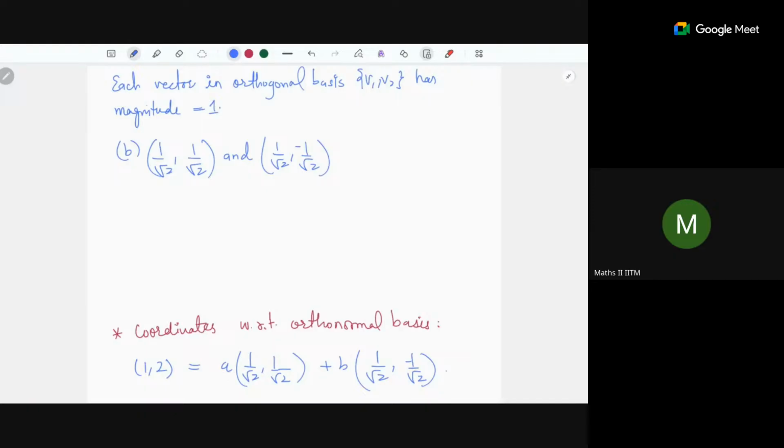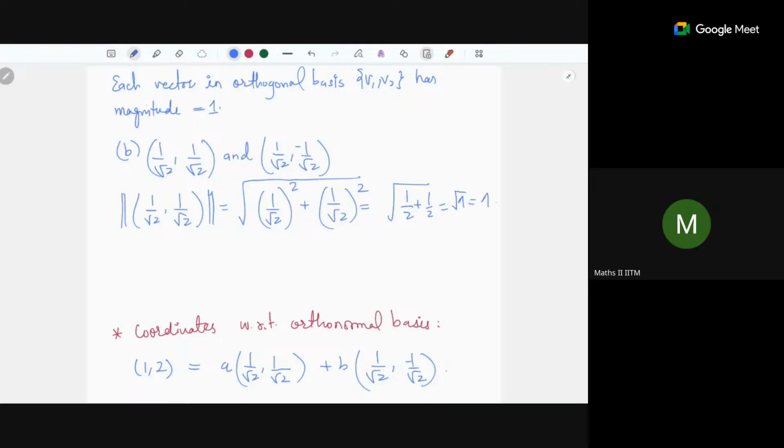The magnitude of the first vector is the square root of 1 by 2 plus 1 by 2, which is equal to 1. Similarly, for the second you can do the same computation. So it is an orthonormal basis of C2 as well as of R2, because these two vectors lie in R2 as well.